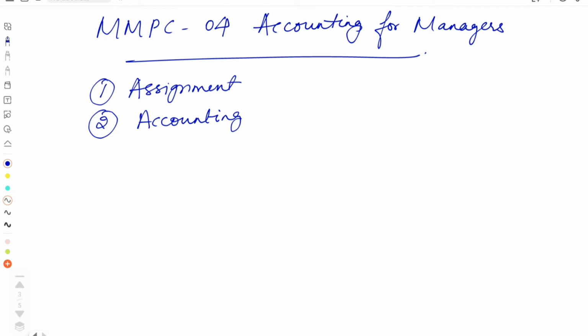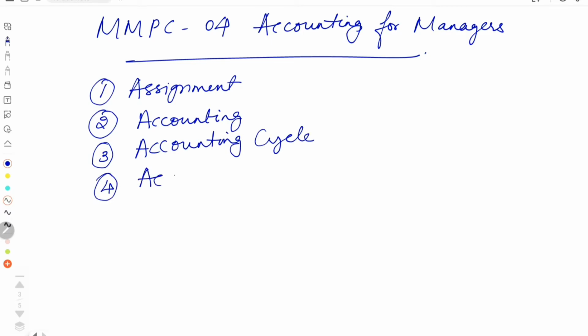Just try to understand how accounting is flowing. The next is the accounting cycle. Then fourth I would suggest is the accounting concepts, the 12 concepts of accounting.